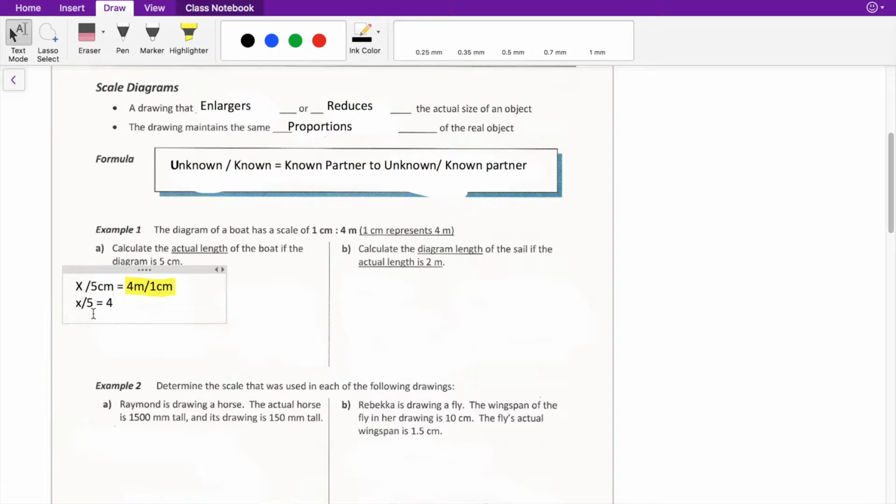It's a divide on this side, so when it comes over, it's going to become a multiply. It's going to be 4 times 5. So x is going to equal 20 meters in the end. 4 times 5 is 20. So my actual boat is going to be 20 meters. And I could write a little statement here, therefore the actual length of the boat is 20 meters.